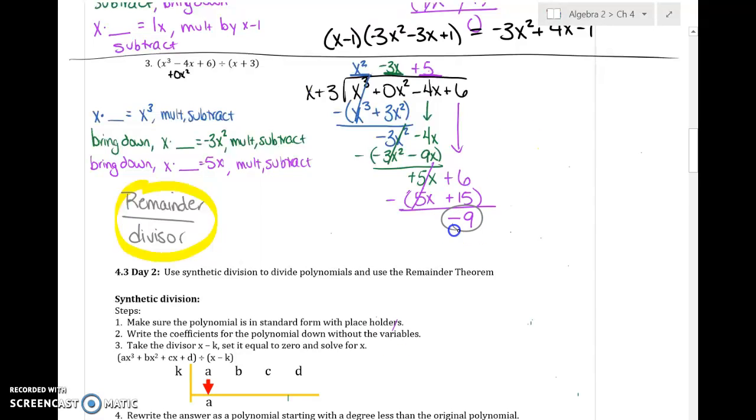Negative 9 is our remainder. So our final answer is x squared, this is up at the very top, x squared minus 3x plus 5. The remainder, we do minus 9 over x plus 3. The remainder goes over the divisor at the end.